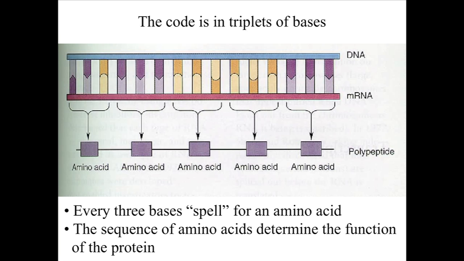So if this protein is going to be, say, a muscle protein, that has a different code than, say, a metabolic protein. And the code that's spelled for here is directly transferred to here and is decoded, and it's those different amino acid sequences that make each protein different, each gene different. So your gene for your hemoglobin has a different DNA sequence than the gene for some other protein in your system.